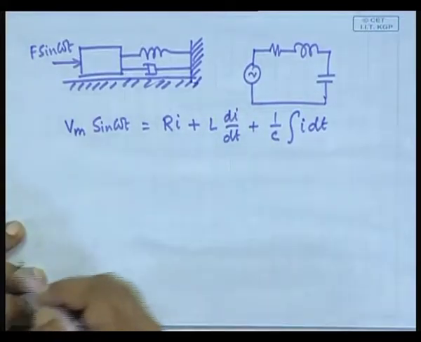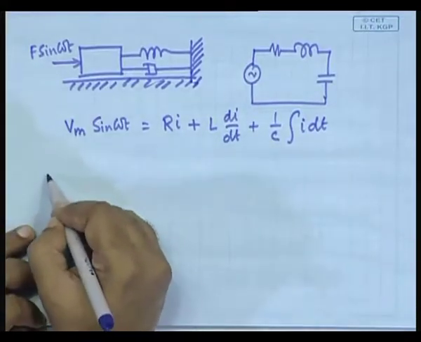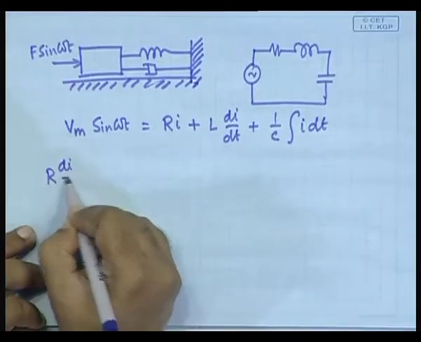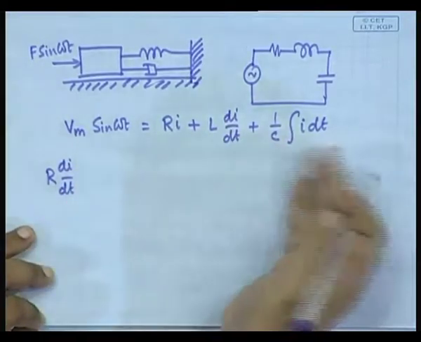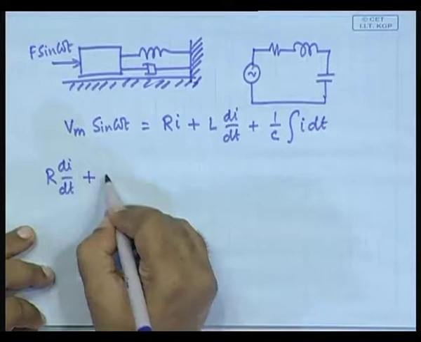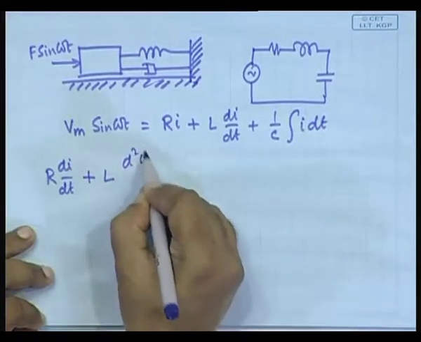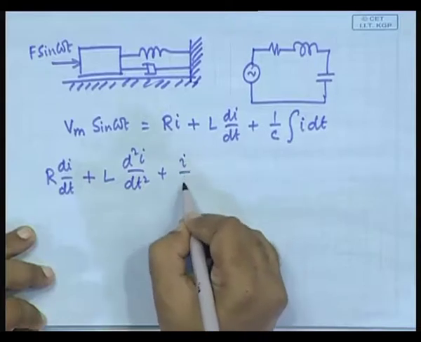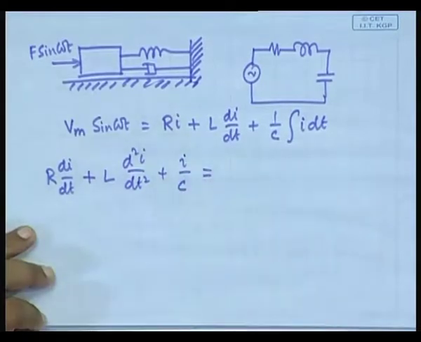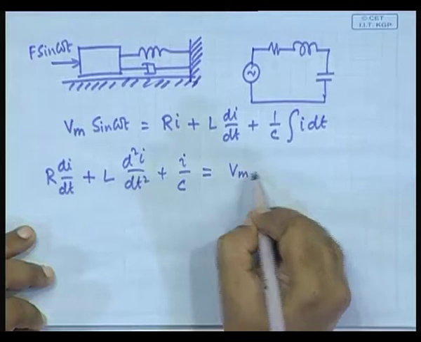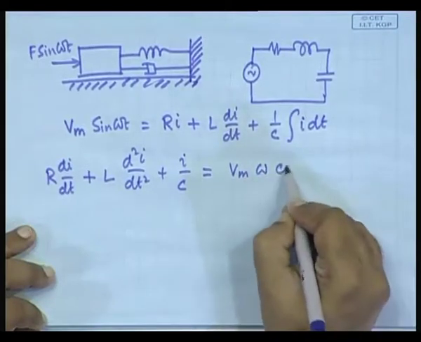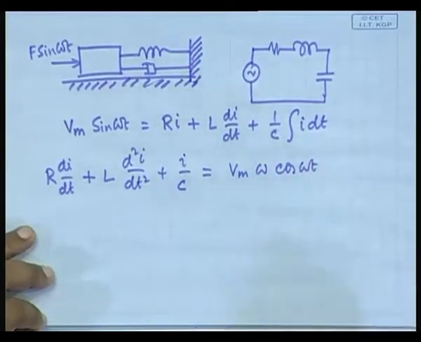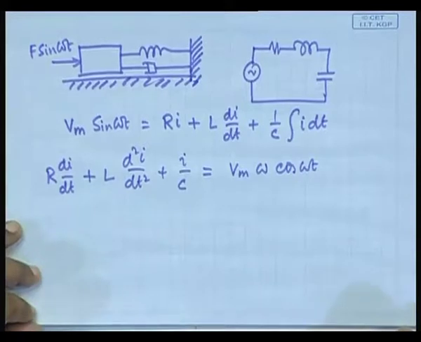We differentiate it through, we have R dI/dt, I am writing the right hand side this side, plus L d2I/dt2 plus I by C is equal to V m omega cos omega t, right.